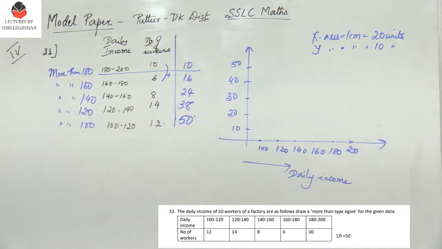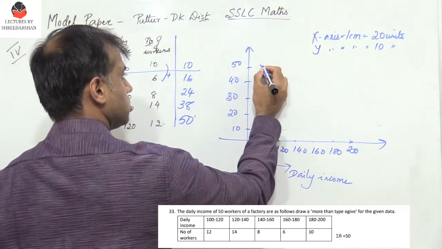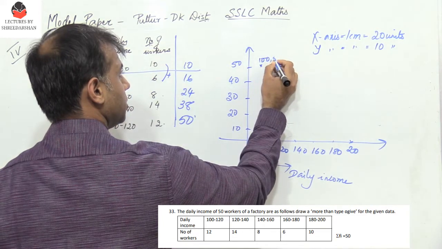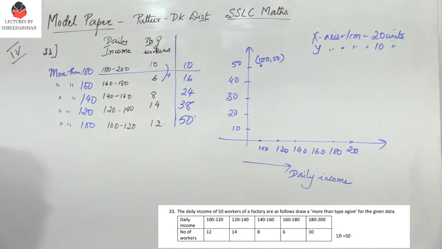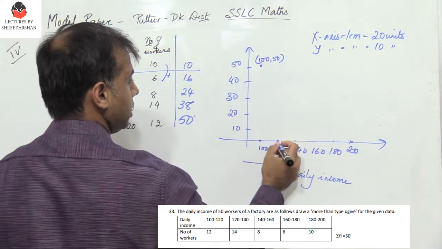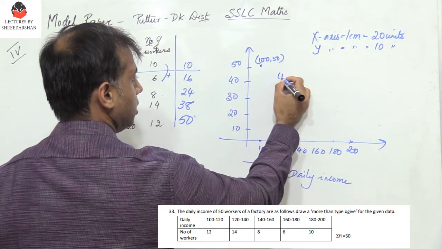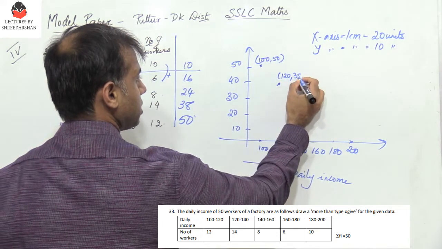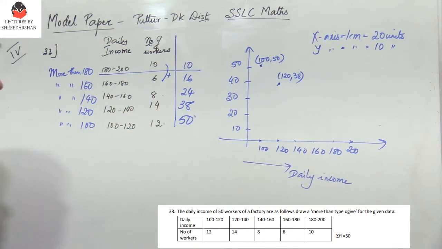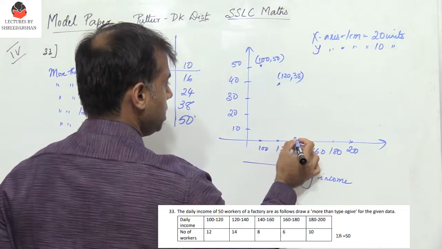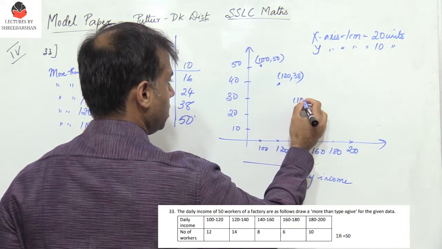So what about the first one? More than 100, all of them, all 50. So this is going to be 100, 50. Then more than 120 is going to be 38, so 120, 38 will be here. Next, more than 140 is going to be 24, so 140 and 24 is somewhere here.